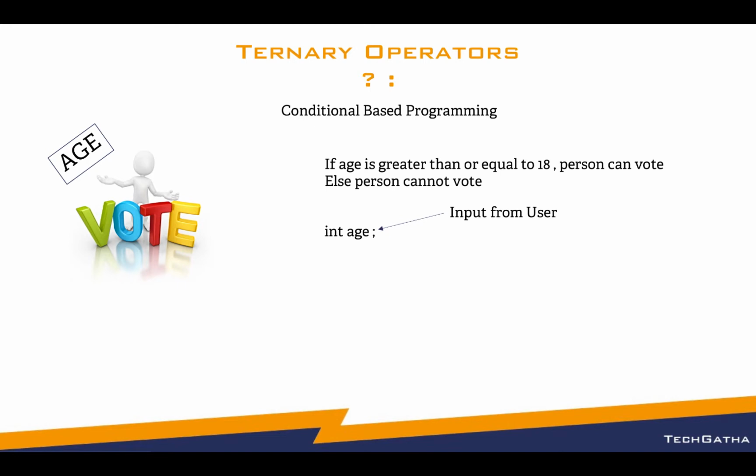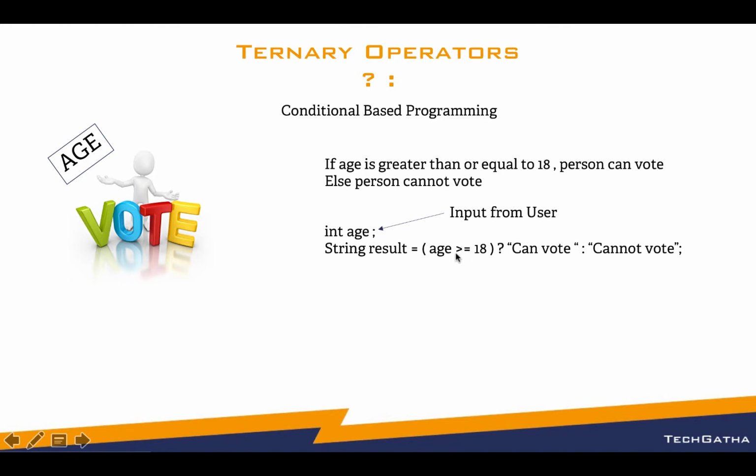Once the input is taken from the user, we need to check whether the age matches the eligibility criteria. If true, so after the question mark, whatever you write executes if this expression returns true, and whatever you write after the colon executes if this expression returns false.